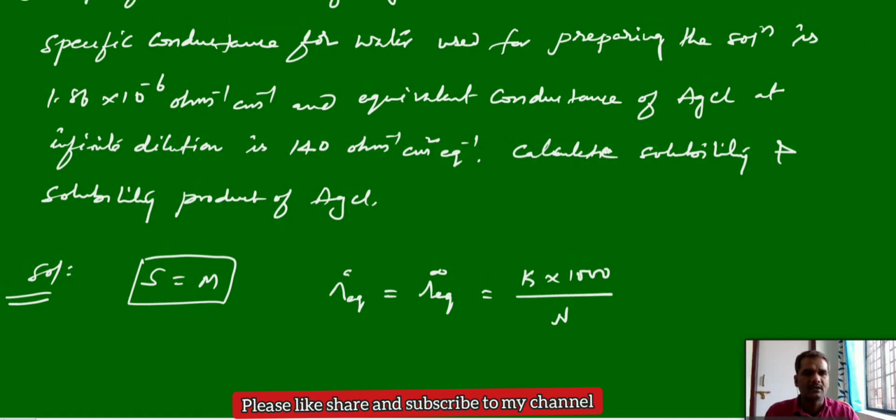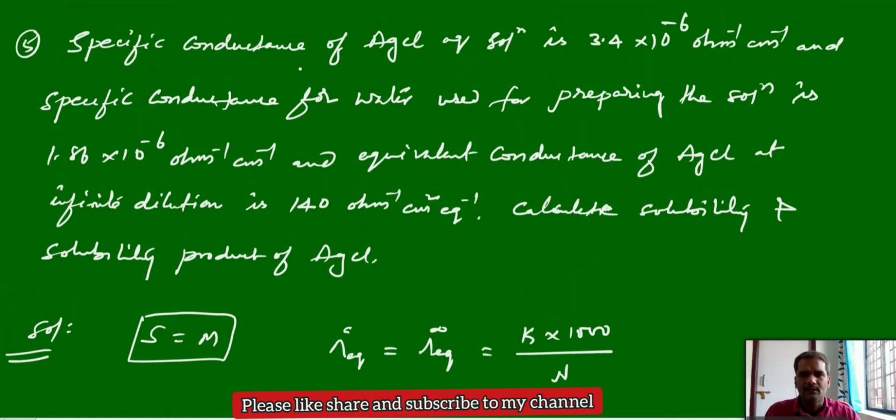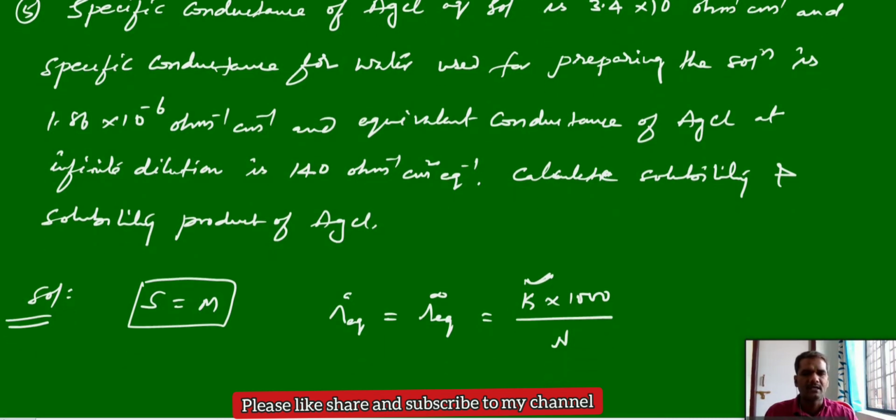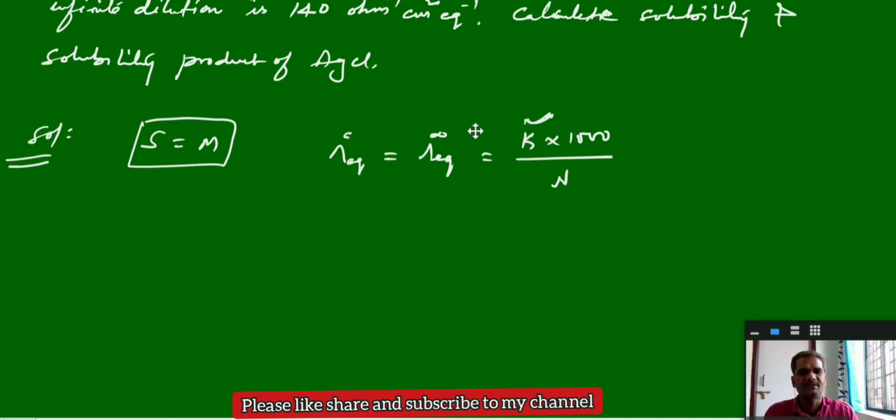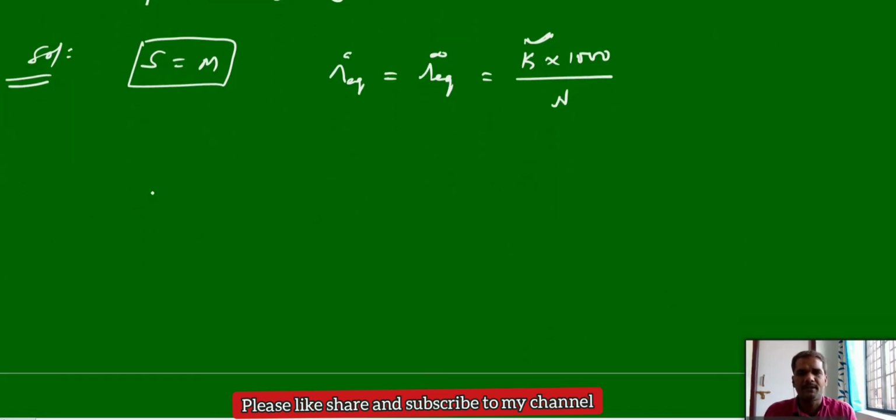But here they have given the specific conductance of AgCl aqueous solution. Where the K value is applied, whenever we substitute this equivalent conductance of AgCl, we have to substitute the specific conductance of AgCl only. First we have to calculate the specific conductance of AgCl. We know that specific conductance is an additive property.